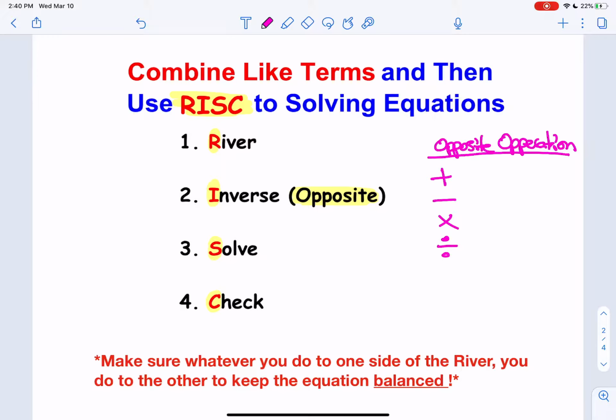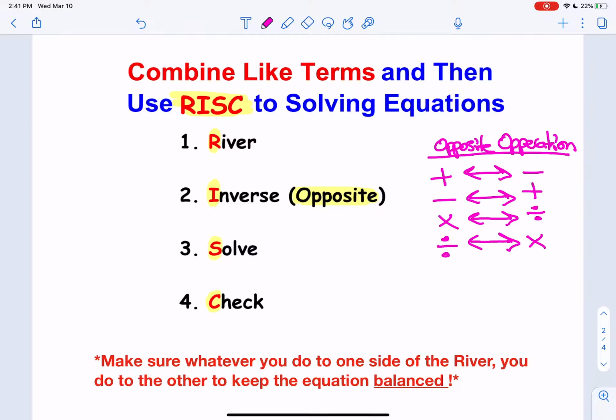So we're looking at what's the opposite of these operations. Well, for addition, the opposite would be subtraction. For subtraction, the opposite would be addition. For multiplication, the opposite would be division. And for division, the opposite would be multiplication.